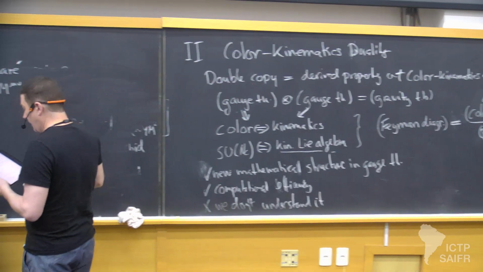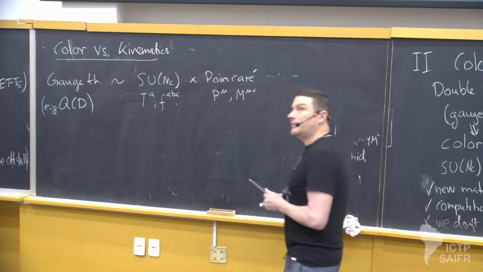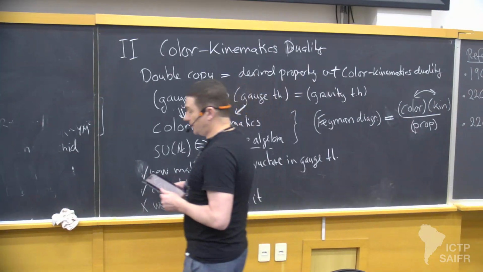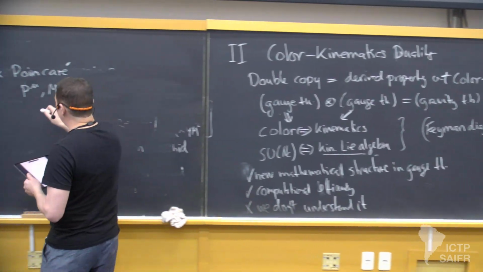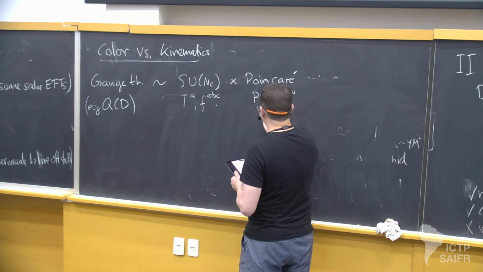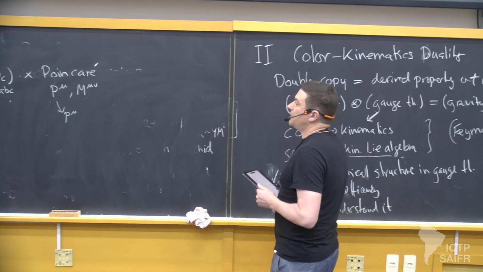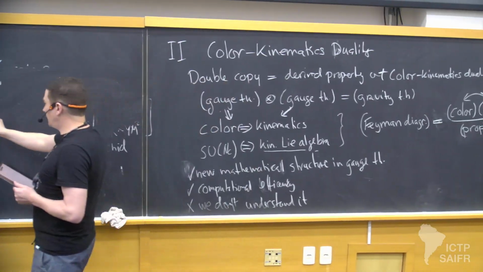When we build up amplitudes, we build up things which are invariant under the symmetries. So for example, we write particles as having definite momenta, p.